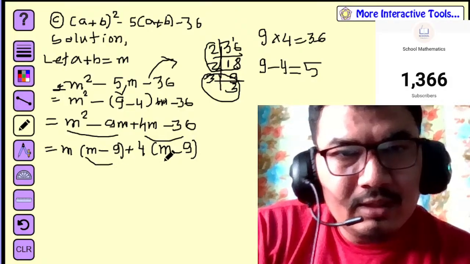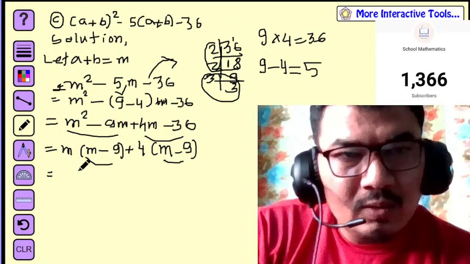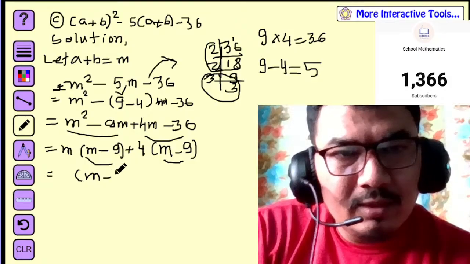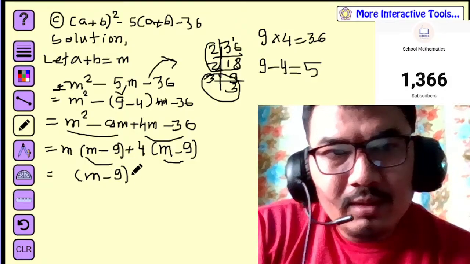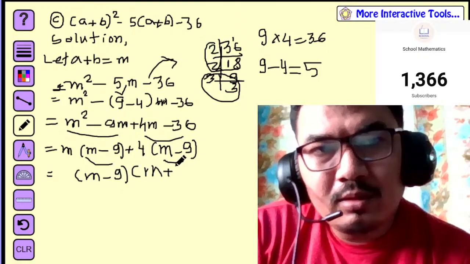Look, this remainder and this remainder must come equal. If they're equal, then we understand our factorization is going on correctly. m minus 9 is common here, take it common, then write here m plus 4.